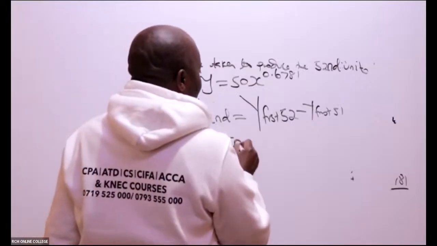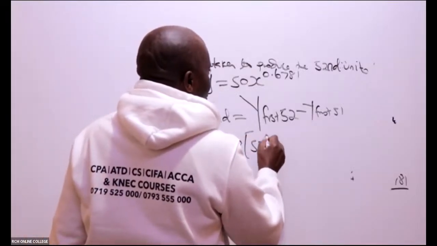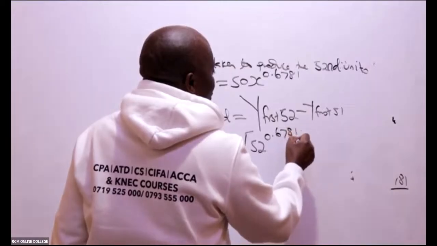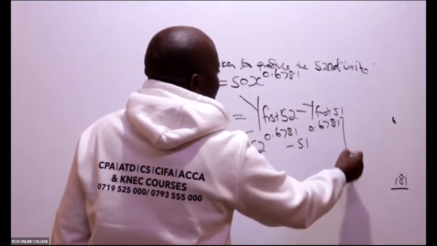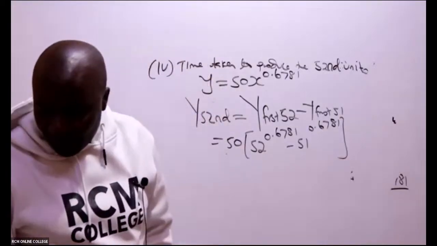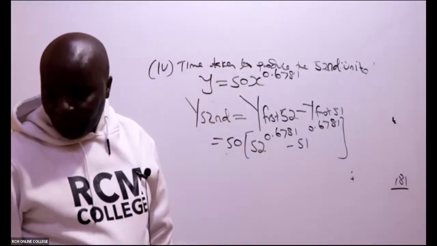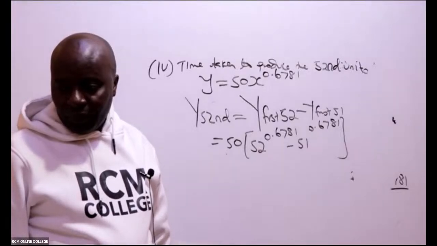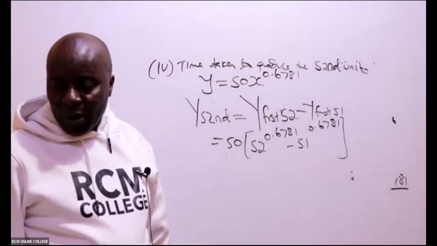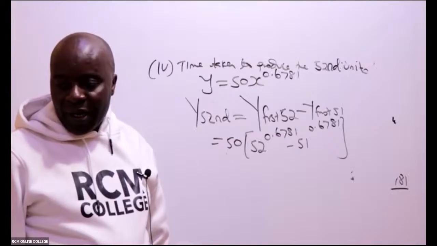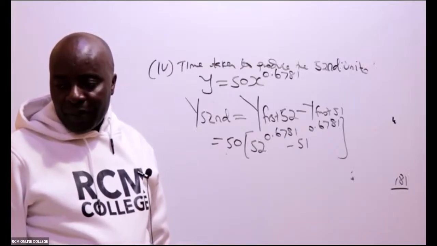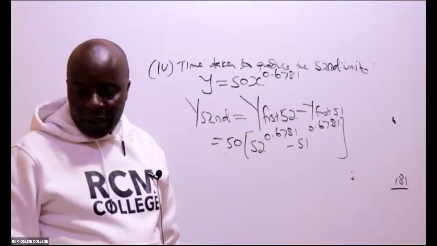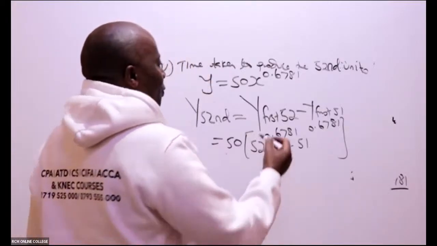So we have 50 into 52 raised to 0.6781 minus 51 raised to 0.6781, which in this case will end up giving us what figure? 9.53. Thank you so much. 9.53.